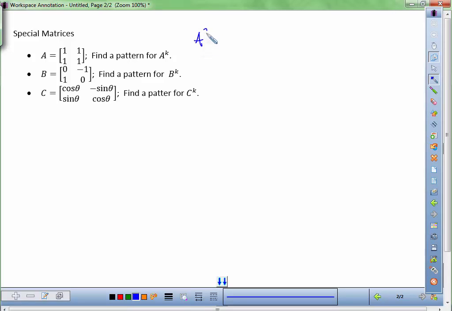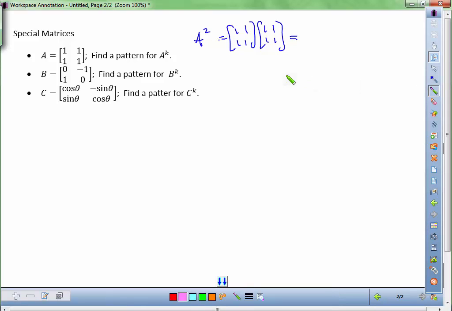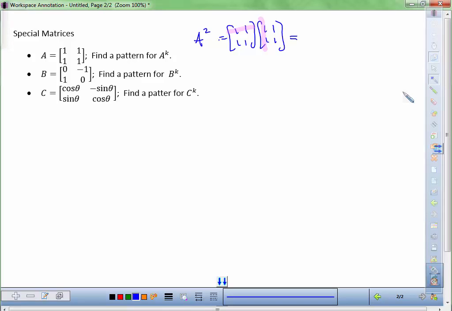So A squared is going to be 1, 1, 1, 1 times 1, 1, 1, 1. And if you remember how to multiply, we just learned it yesterday. We're doing row times column, or the dot product, and that's going to be the first row and first column entry of your resulting matrix.